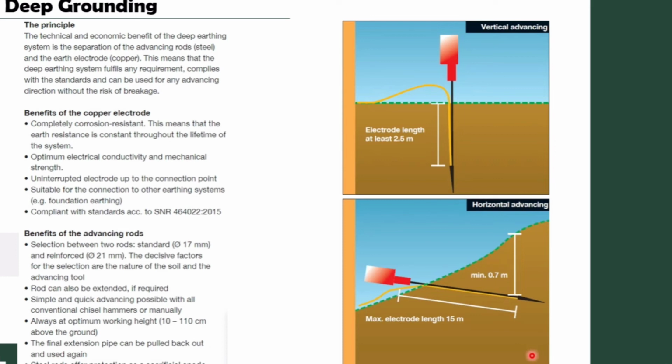And also if I want to install my electrode in a horizontal direction, I must consider that the maximum electrode length must not exceed 15 meters. And also the distance between the surface of the ground and the edge of the electrode must be minimum 0.7 meters. And after that, as I did for my previous grounding system, I take a connection from the electrode and take it directly to the main ground busbar or distribution panel.